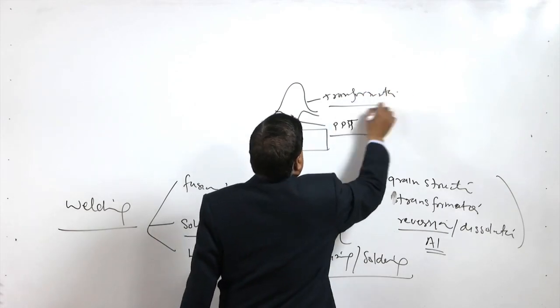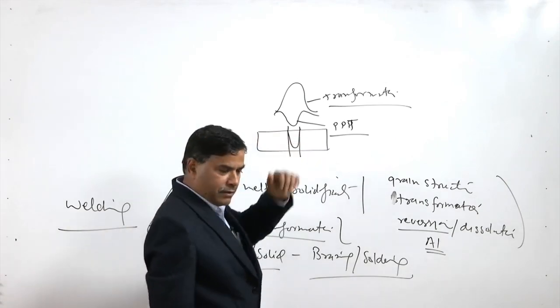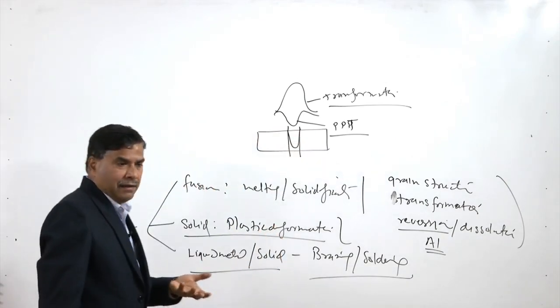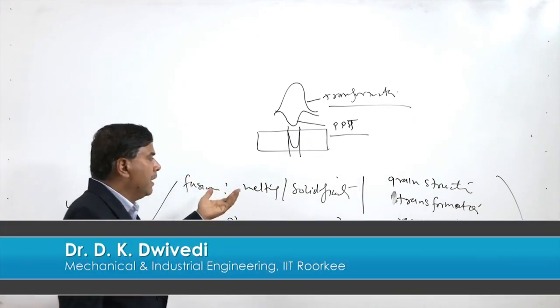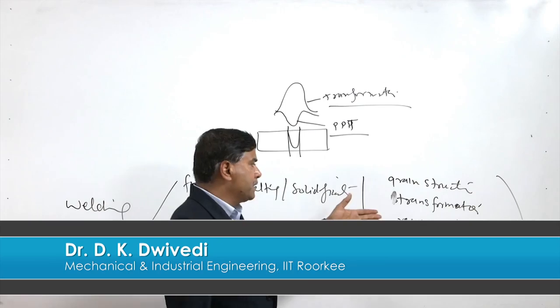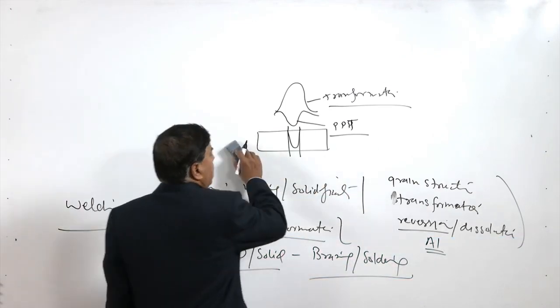If transformation of the steel in welding takes place into martensite, then hardening will occur, and if there is loss of the precipitates, then softening will occur in case of the precipitation hardenable alloys.